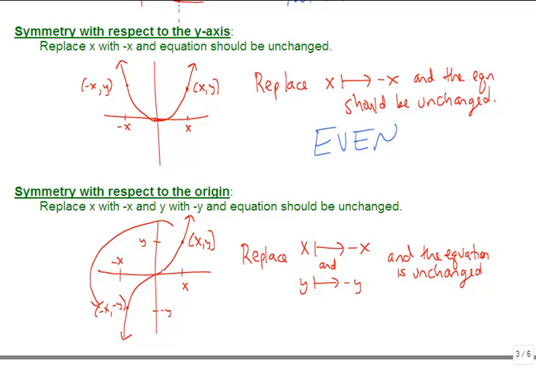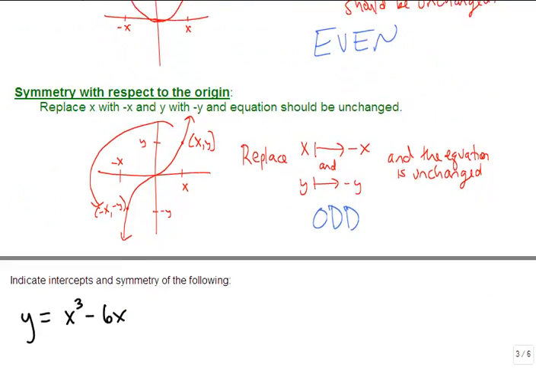My example down here was of an x cubed, which had an odd power, and for most functions that have all odd powers, they would also have this symmetry with respect to the origin. So another name for this kind of symmetry would be odd. We would say a function is odd if it has symmetry with respect to the origin. So just a couple more vocabulary words to know.